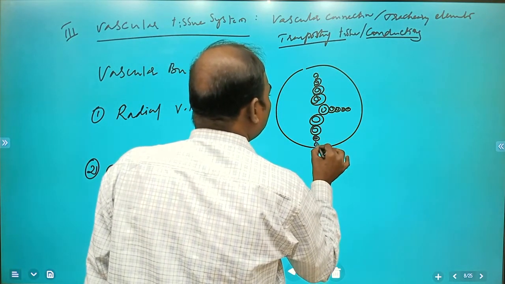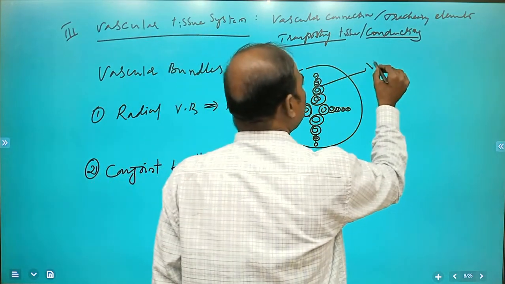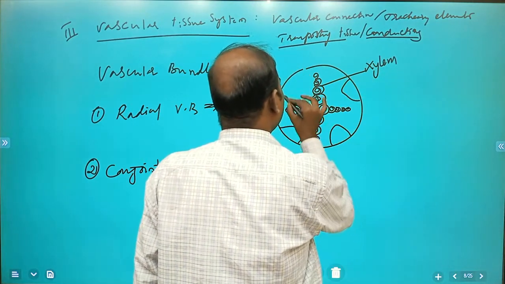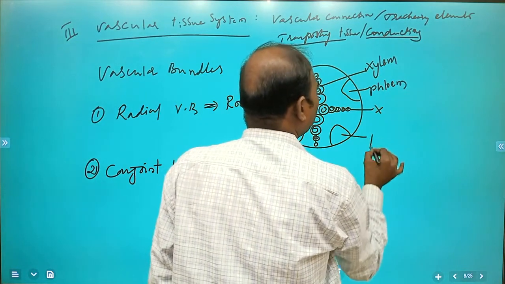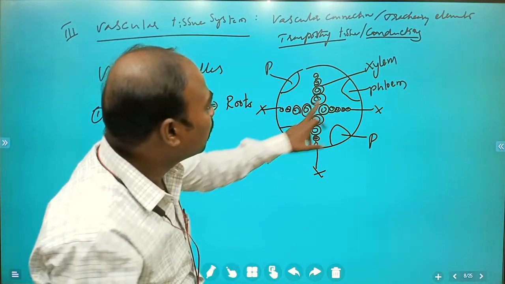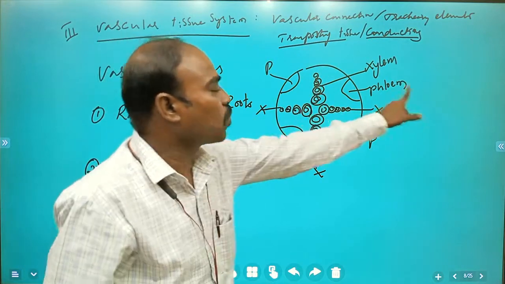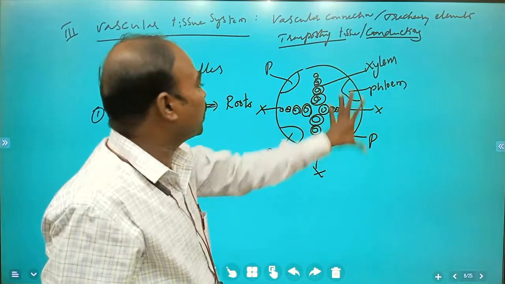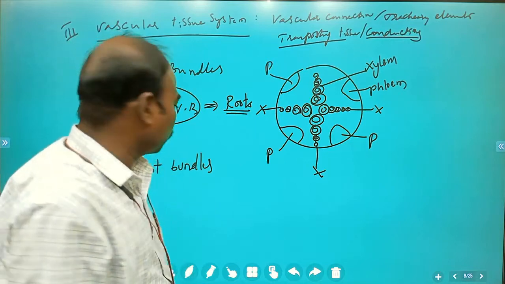In alternate radii, the xylem as well as phloem are found. This is xylem, alternately found with the phloem: xylem, phloem, xylem, phloem, xylem and phloem. Means xylem and phloem are not in the same radius. Xylem is found in one radius, and phloem tissues are arranged or develop in the alternate radius. Such an arrangement is called radial vascular bundles. It is most common in roots.